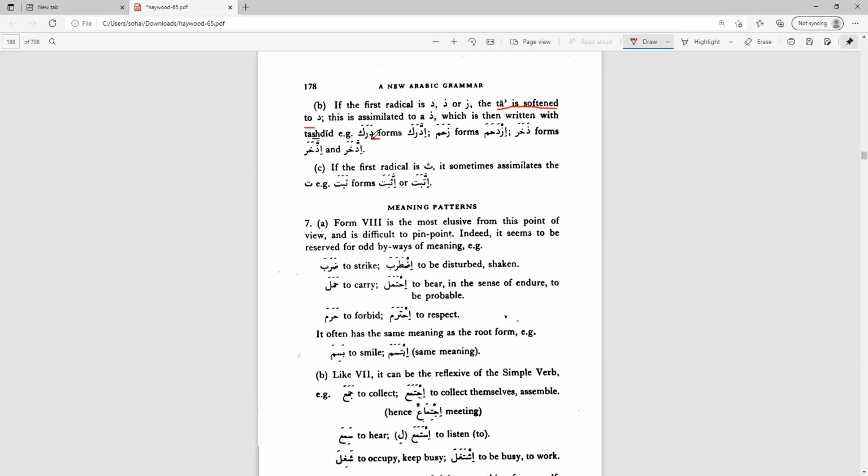So daraka becomes iddaraka. Originally it was idtaraka, which is hard to pronounce anyway. It becomes iddaraka. The ta changes into dal and it becomes shadda. Zahama becomes izdahama, because of one of the letters, the ta changes into dal.